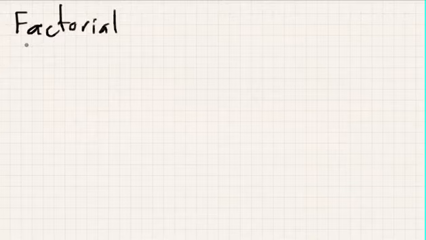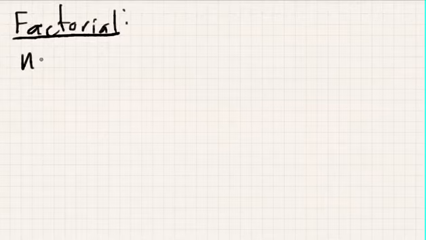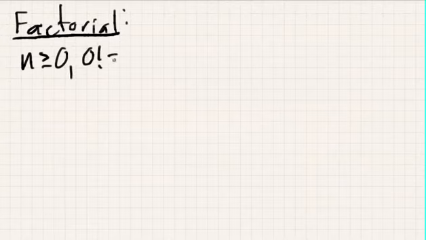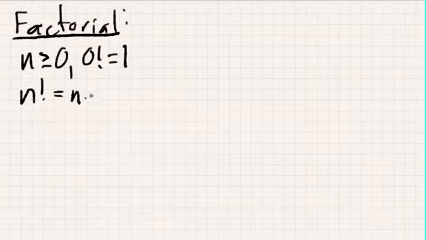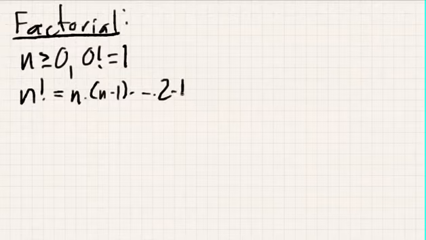So what is a factorial? Well, the factorial is defined for any number n which is greater than or equal to 0. We first define 0 factorial to be 1, and then n factorial for any number which is bigger than 0 will be n times n minus 1 times all the way down to 2 times 1.